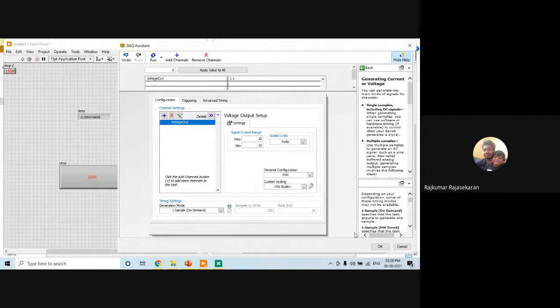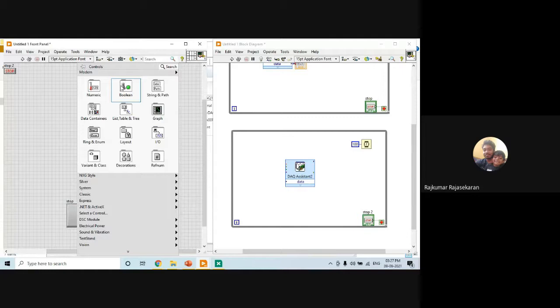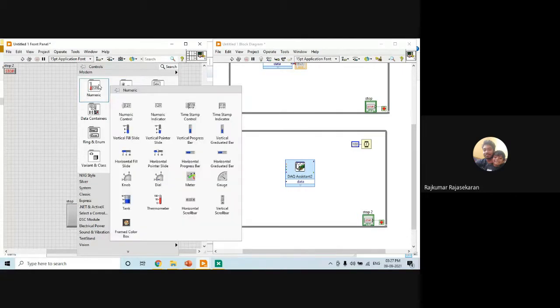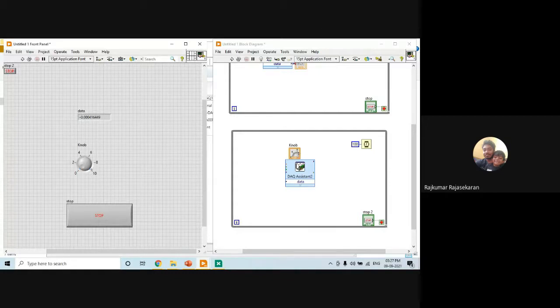So I'm going to go for sample on demand. And I can use a knob to control the voltage.